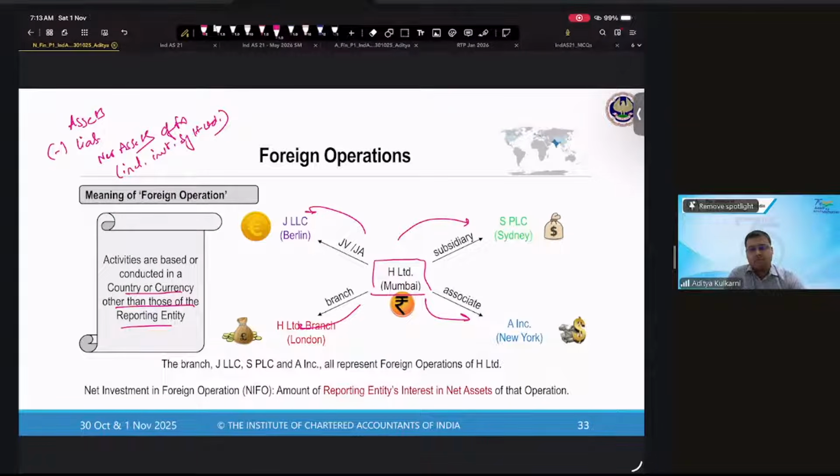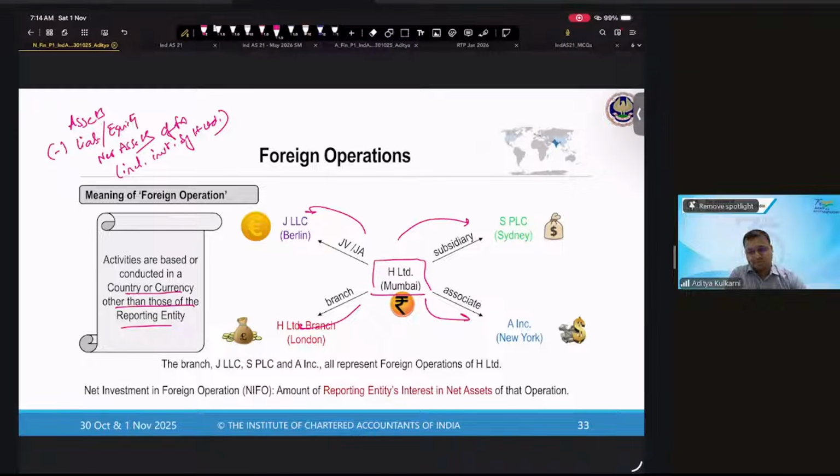See, if I have given an amount for setting up a subsidiary in Sydney, for the Sydney company, it will be an equity contribution. So equity contribution will be a part of assets, liabilities, and equity all put together.